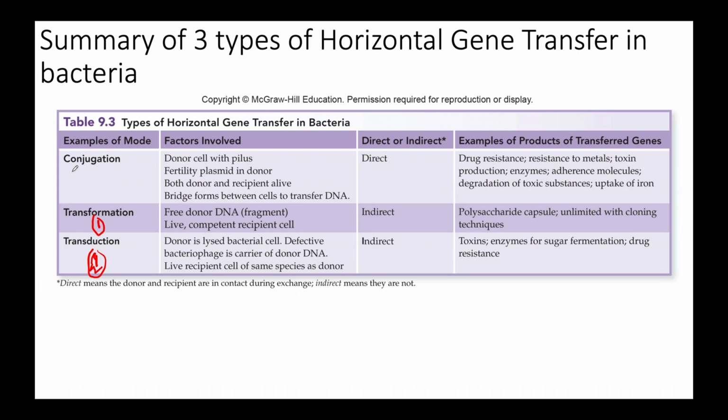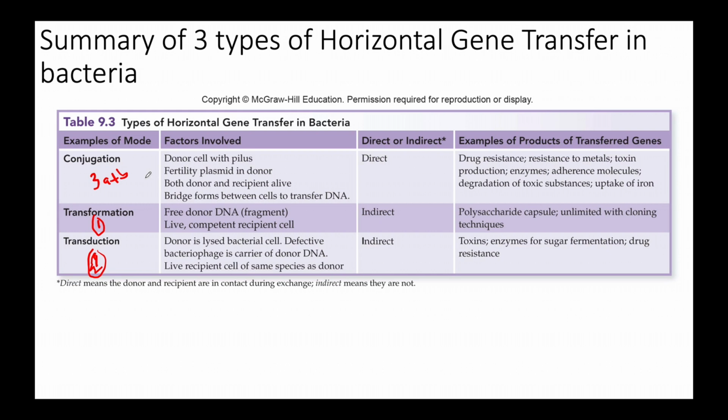And then what we just ended with, the third example, and again, there are two different ways that conjugation can occur. There is the F plus or the HFR, specialized F plus, but both are going to involve the formation of a pilus and then the transfer of DNA from the F plus to the F minus.